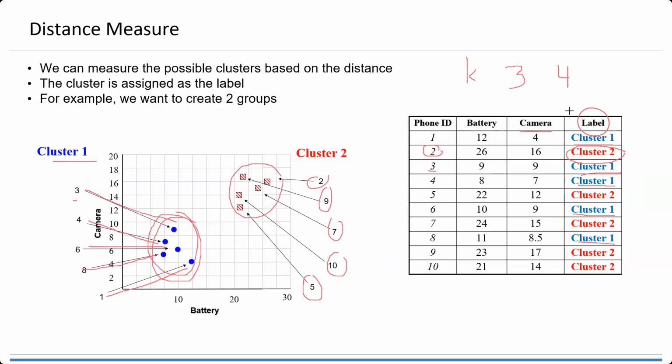Can I create 5 groups? Maybe it's not good compared to 2 groups. Okay. Then how do we know what is the best one? The best one is 2 or 3 or 4 or 6 or 7 and so on.